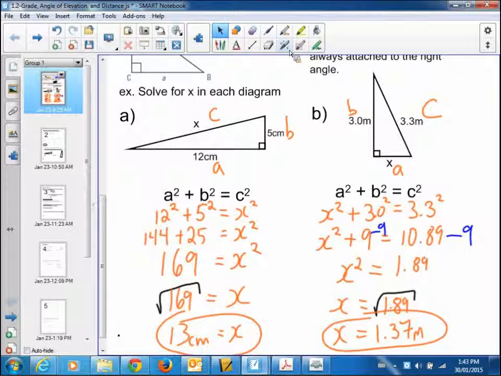So you only have x squared on this side, equals the result. Then you just take the square root, so that x equals 7. Does that make sense?